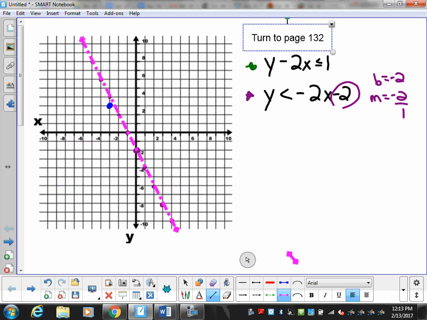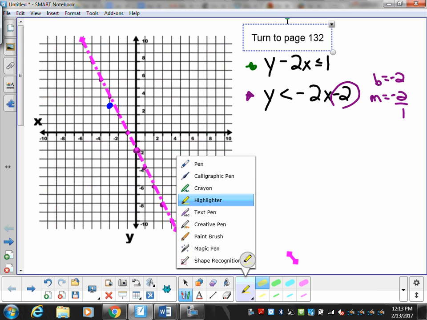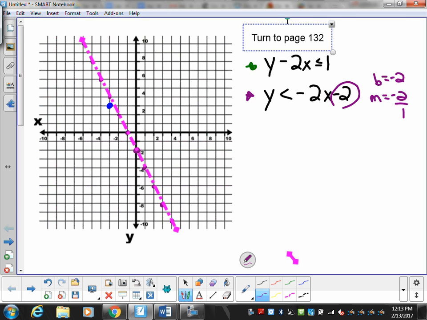Alright, so my line itself looks something like that. And my shading needs to go which direction? It says y is less than, so it needs to go down.